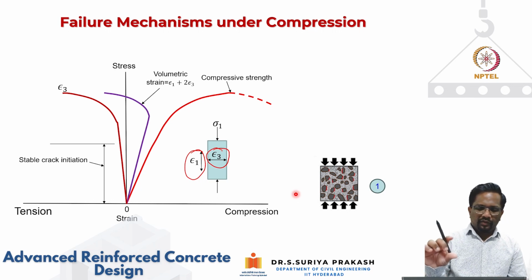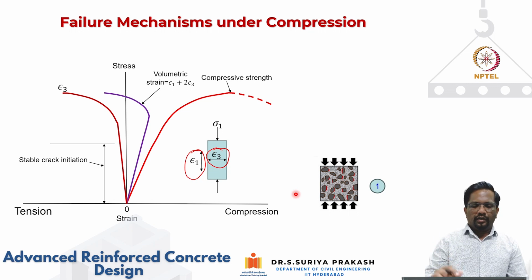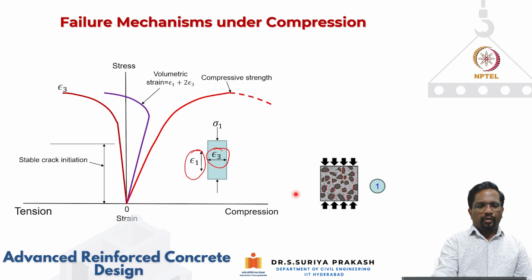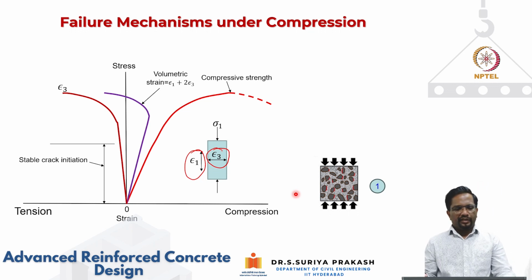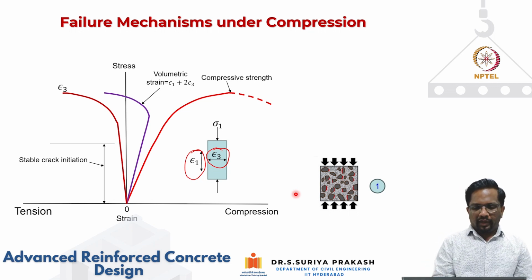Everything will deform, and you measure your epsilon 1, but usually up to about one third of your compressive strength, there will not be any cracking. And we are talking about normal strength concrete, let's say less than 50 megapascal concrete, right?